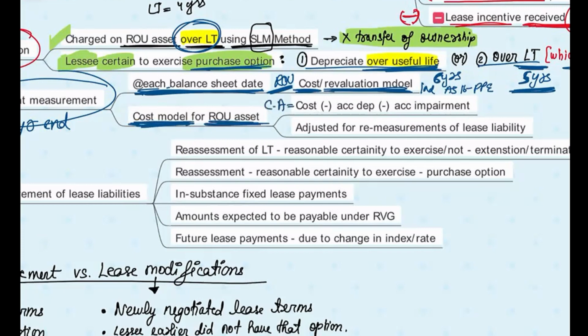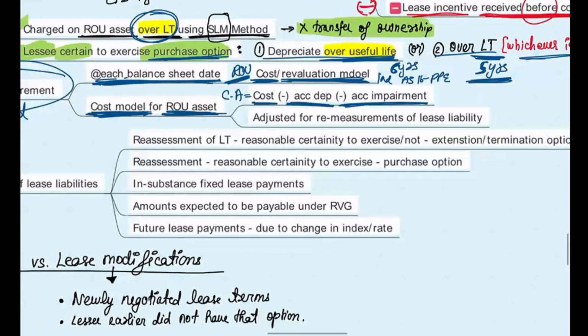It will be cost minus accumulated depreciation minus any accumulated impairment. If you do this, you will get the carrying amount of the ROU asset at every year end. And if you remeasure the lease liability, then accordingly you have to adjust this. This you will understand when we go through the sums.